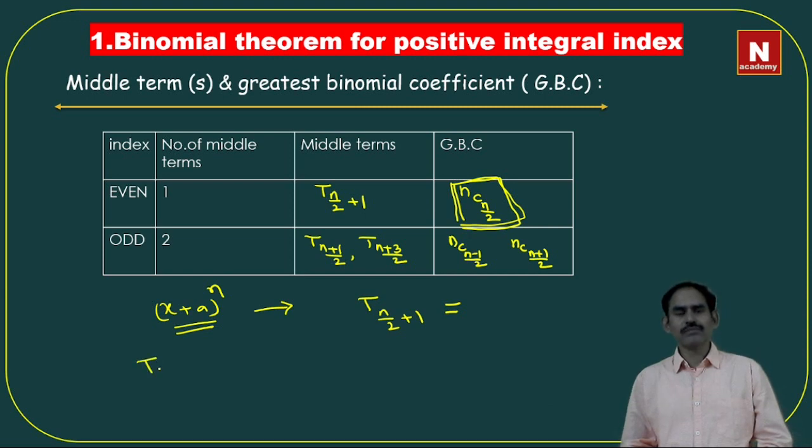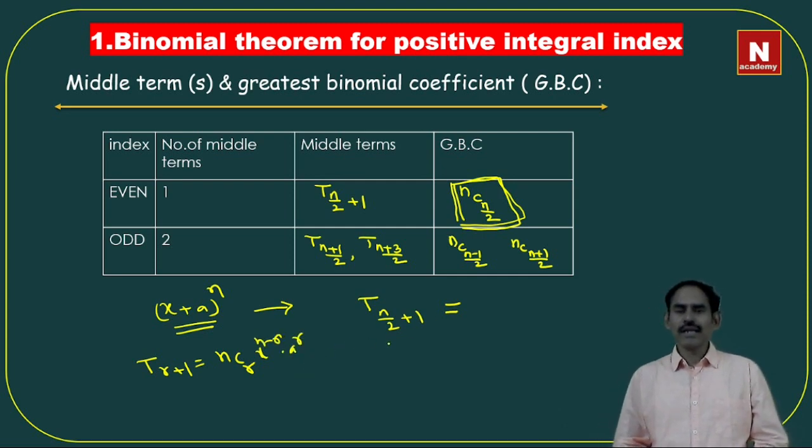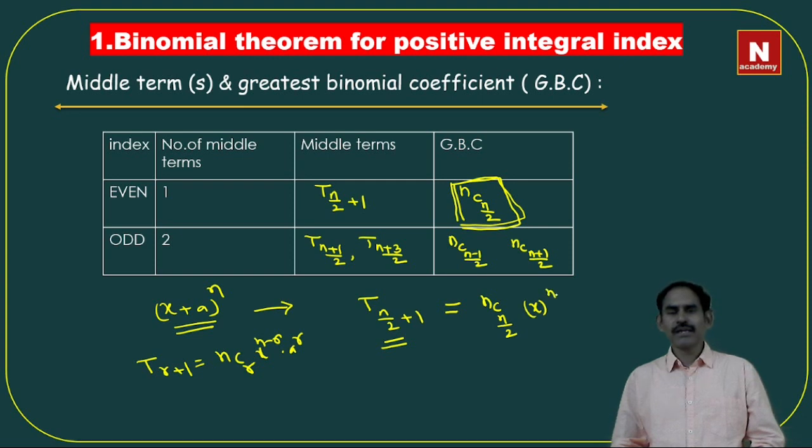What is the general term? T r plus 1 equals nCr x power n minus r, a power r. Now here r is n by 2, so nC n by 2 x power n minus n by 2 into a power r, where r means n by 2.